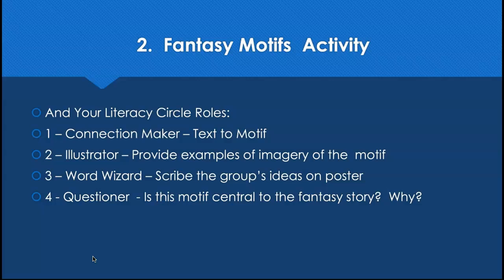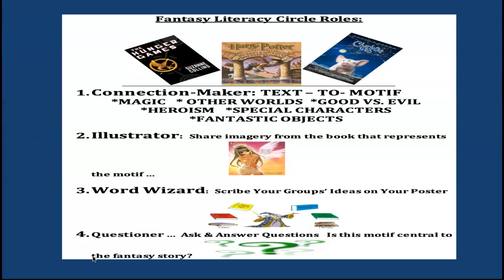So they were set with specific roles like the connection maker, the illustrator, the word wizard, and the questioner. And it all related to the fantasy motifs. They could relate to either one or all 6. Interestingly enough, for example, Wizard of Oz has all 6 of the main fantasy motifs in it. So sometimes the students came to that when they were in that discourse.